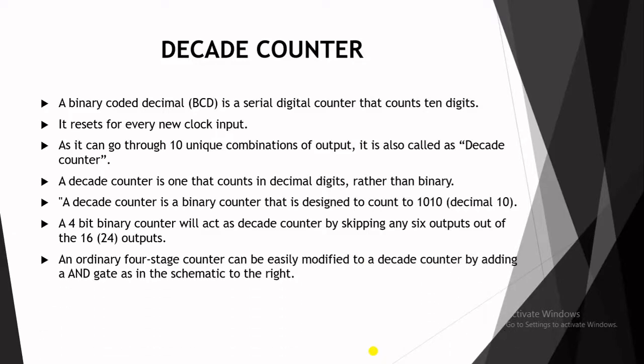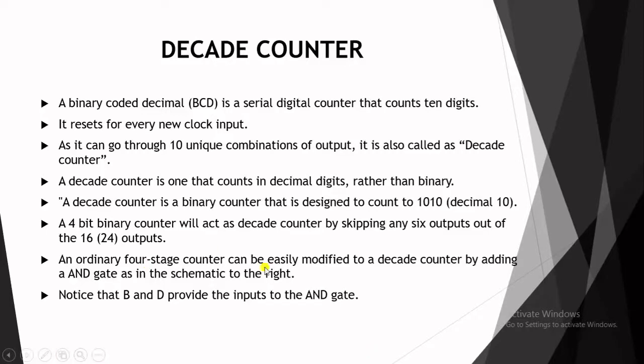An ordinary 4-stage counter can be easily modified to a decade counter by adding an AND gate as in the schematic to the right. Notice that flip-flop B and flip-flop D provide the input to the AND gate.